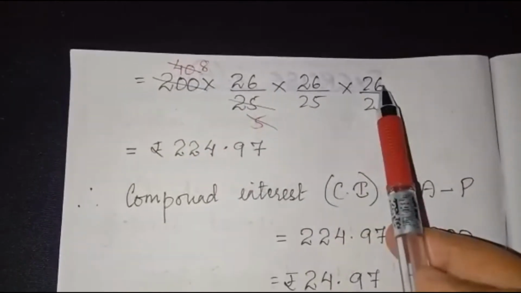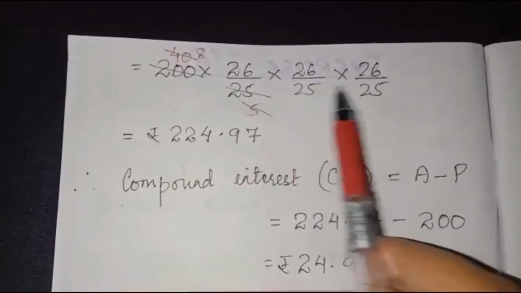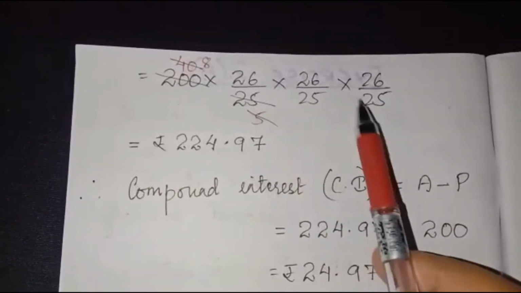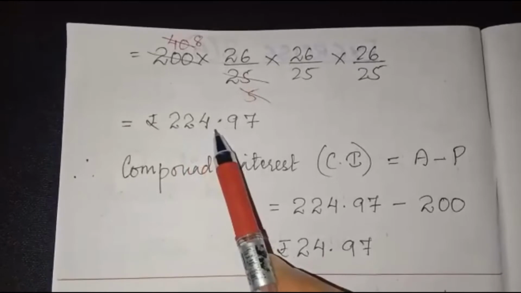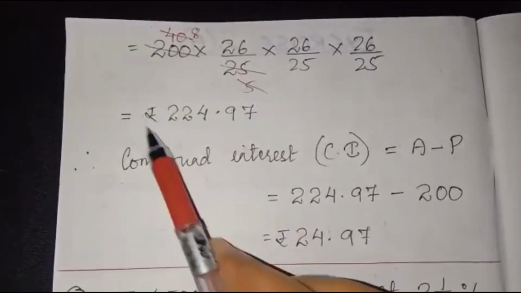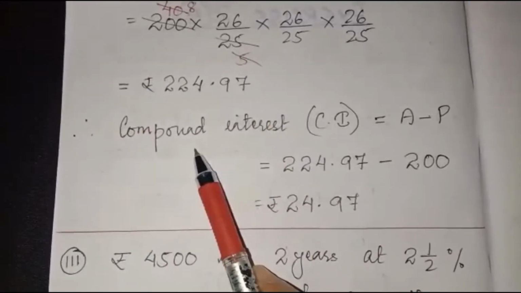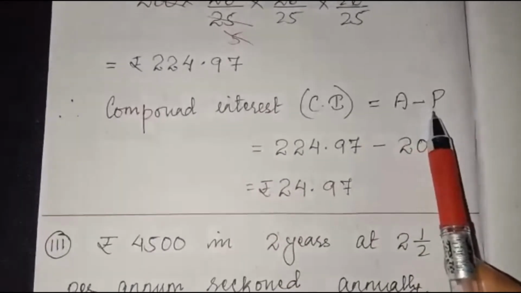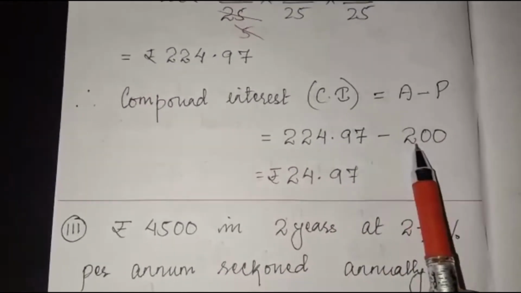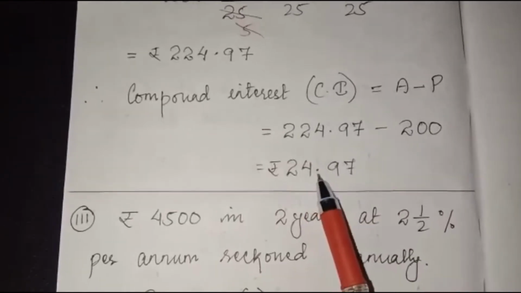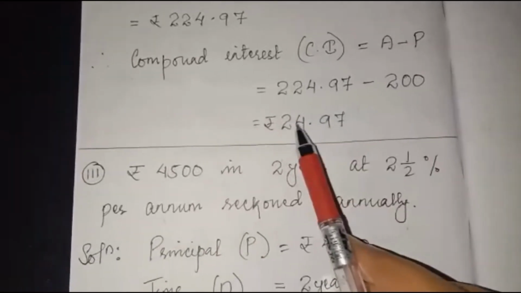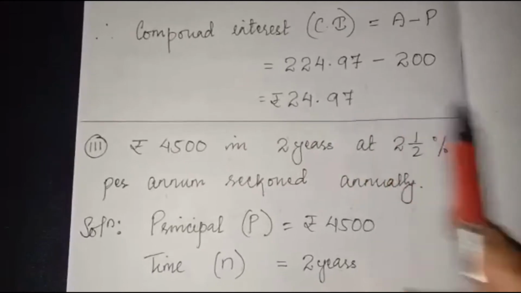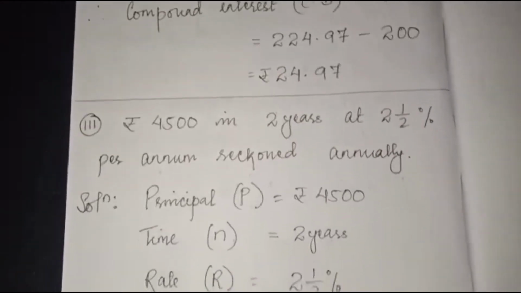After that multiply, then divide it by this. 25 into 25, that is 625. You will get 224.97. This is the amount. Now we will find compound interest: amount minus principal is 24.97. So 24 rupees 97 paise is the compound interest.